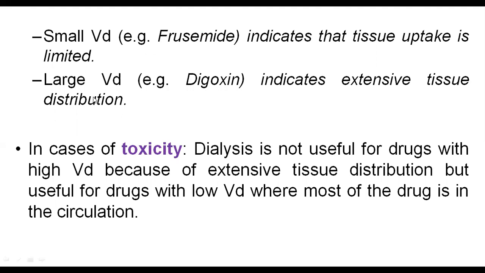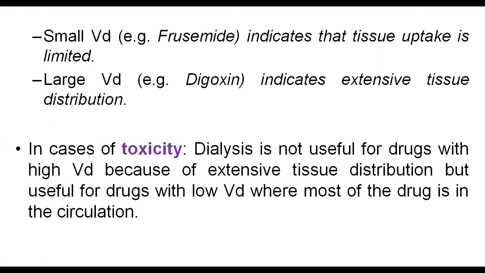What about drugs that have a large volume of distribution? An example is digoxin. Digoxin has a large volume of distribution, indicating extensive tissue distribution, meaning when we administer digoxin, a large amount of the drug will move from the intravascular space, from the plasma, into the tissues. Only a small amount remains in the plasma.